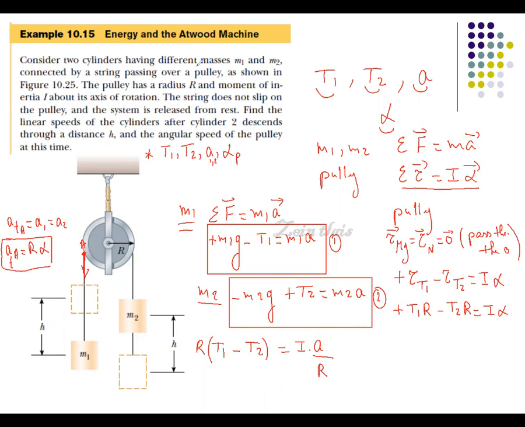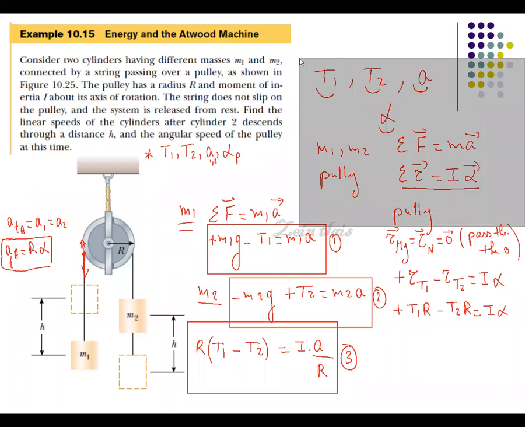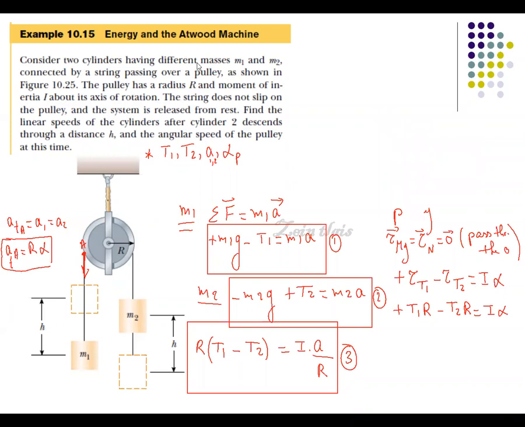This is equation 3. From equation 1, we have T1 equals M1G minus M1A. From equation 2, we have T2 equals M2A plus M2G.